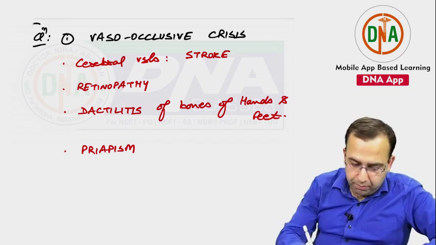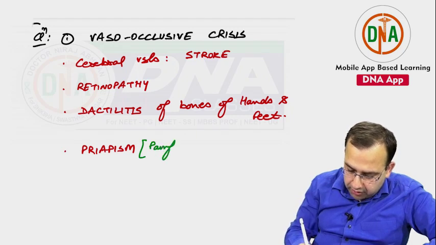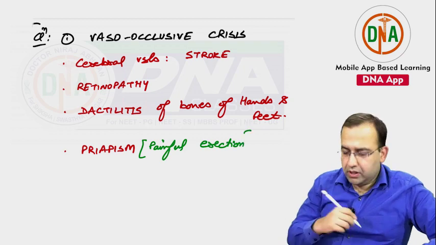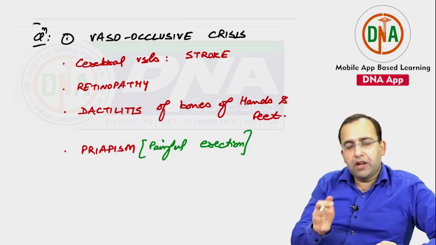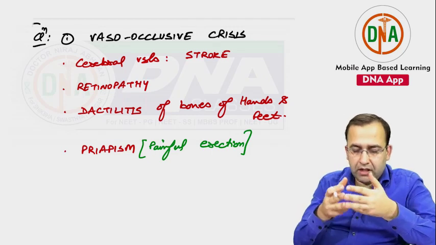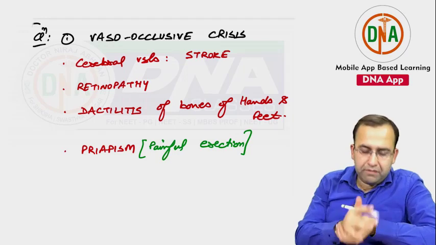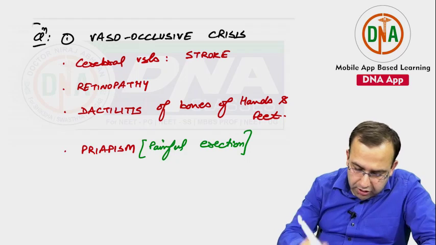It is painful erection. You very well know that normally erection occurs because of venous engorgement. Here, because of vaso-occlusion, it is painful in nature, a painful erection.